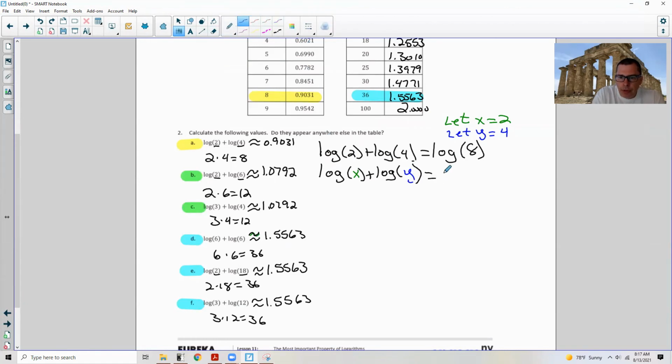And that is going to equal the log of x times y. Interesting. So when we go from addition, if we have addition of 2 logs, we multiply.